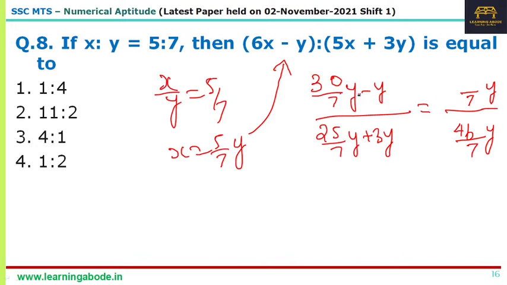You have 7 and minus y means it's like 1y. So 1 into 7 is 7, 30 minus 7 is 23. So y and y get cancelled, 7 and 7 get cancelled, 23 by 46, 46 is twice 23, so it's 1 by 2, that's 1:2 ratio. Answer option 4, 1:2 ratio, the answer for question number 8.